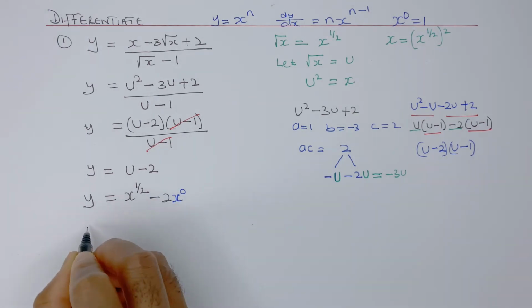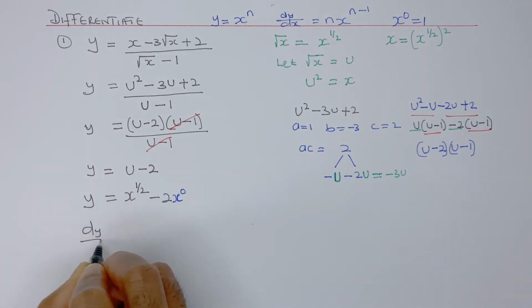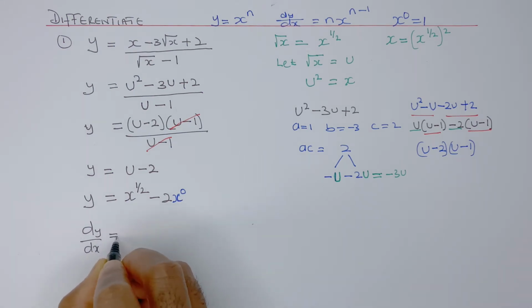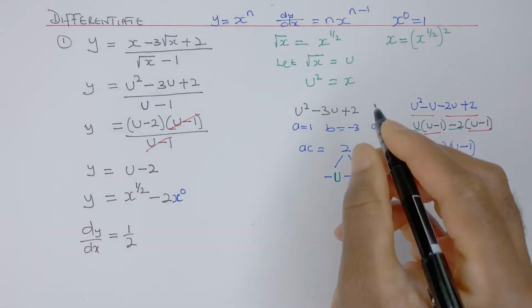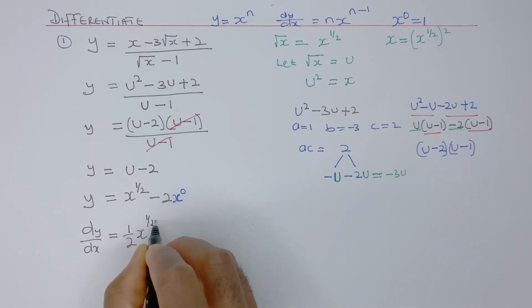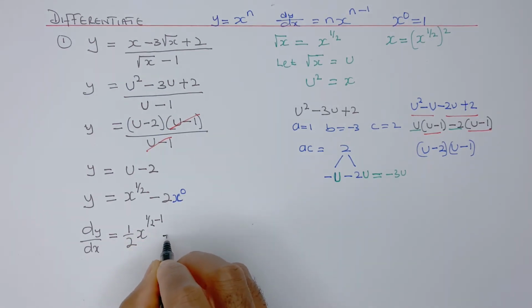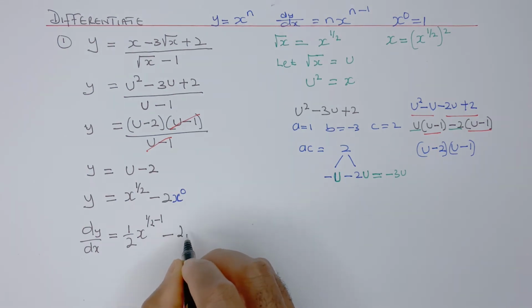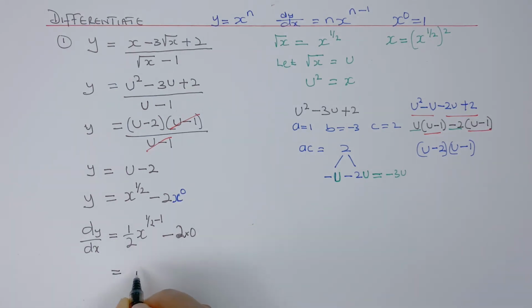Now to differentiate that, dy/dx will be equal to a half, so bring the half down, x to the power a half minus 1, minus 2 times 0. 2 times 0 is already 0, so a half x to the power minus a half.